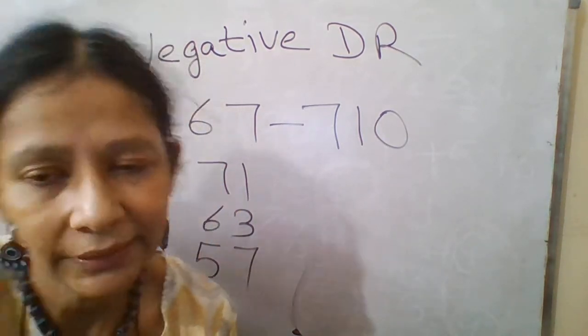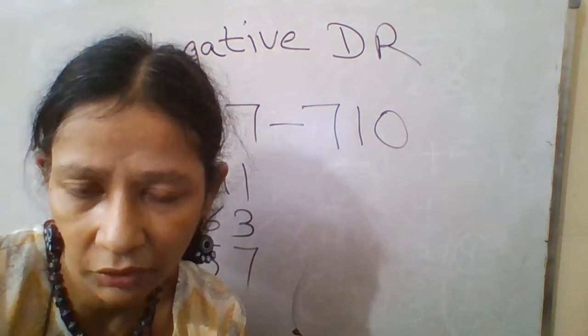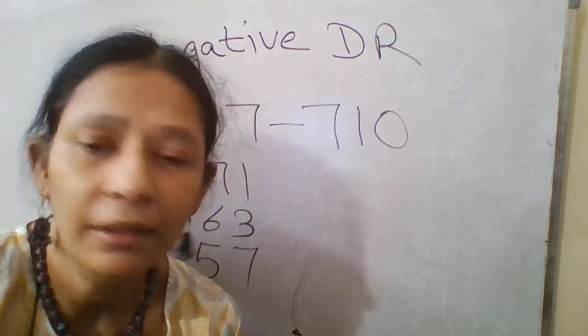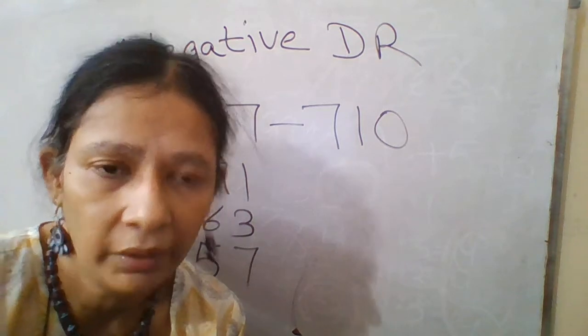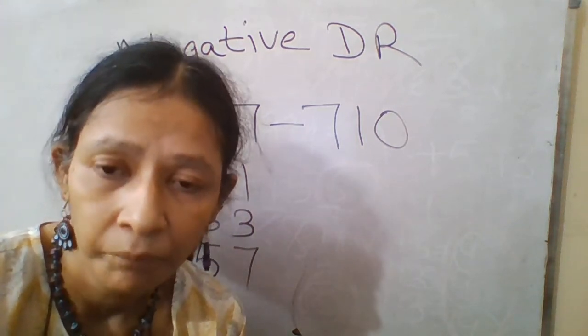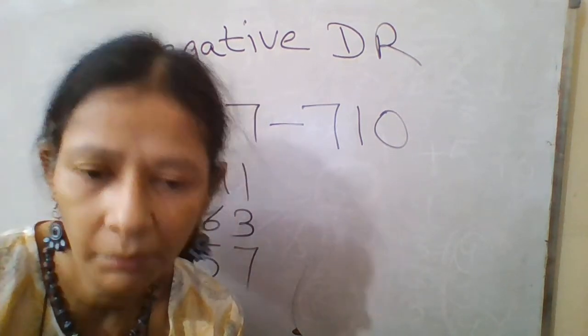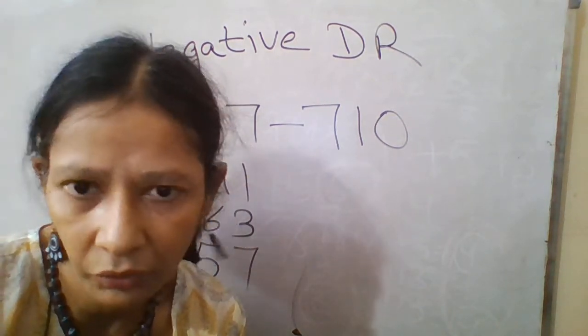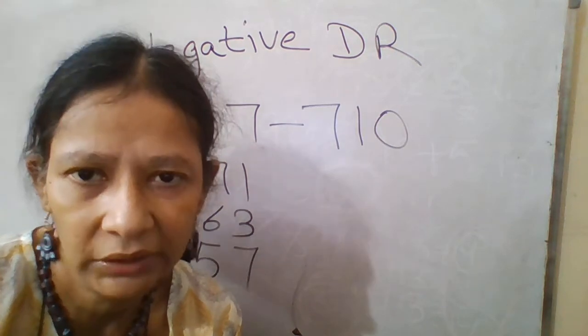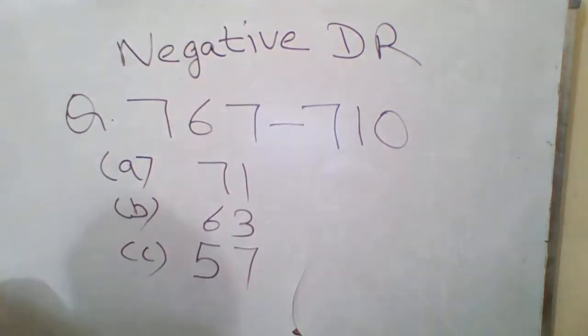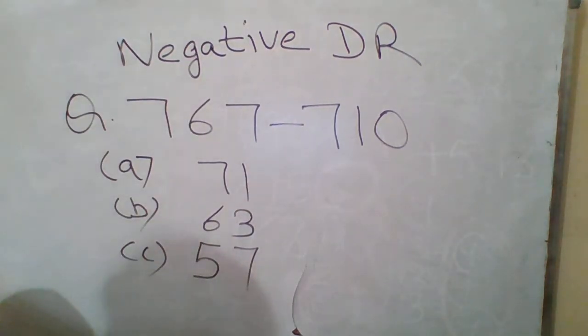But this is the special case I have taken with you. What is special in this question is that here you will find the DR negative. When your DR is negative, you have to make it positive, and see how you will make a negative DR positive.